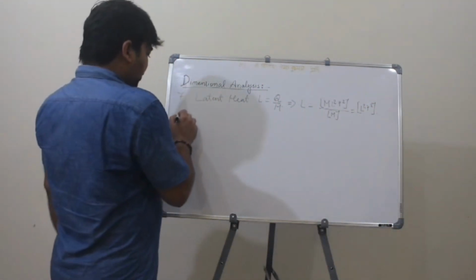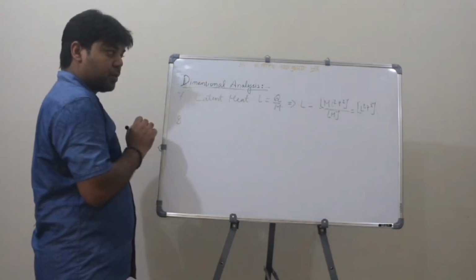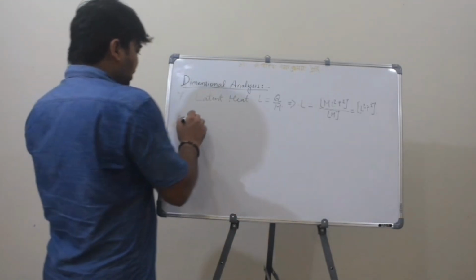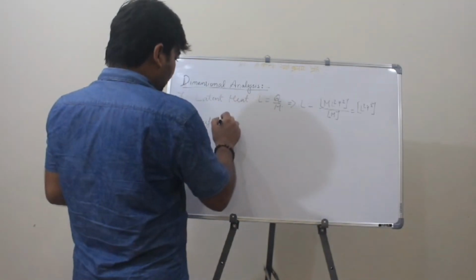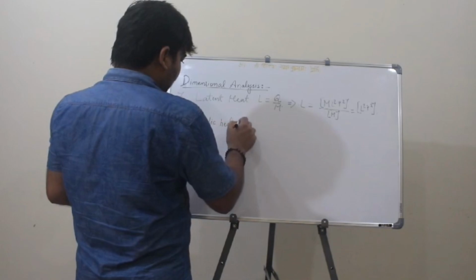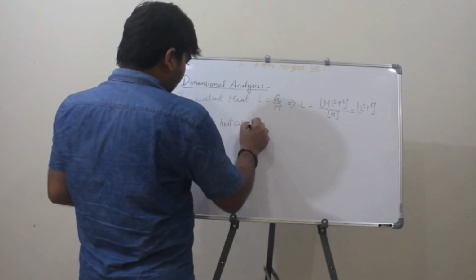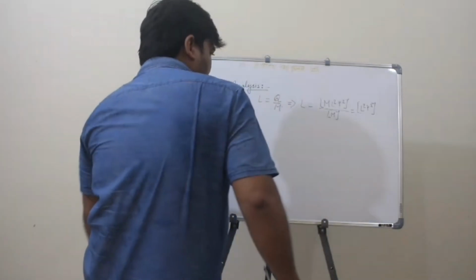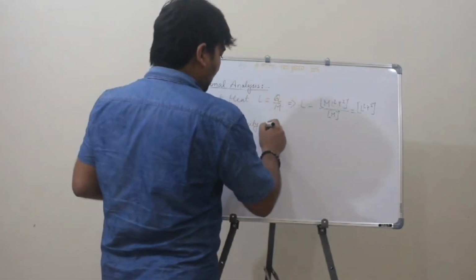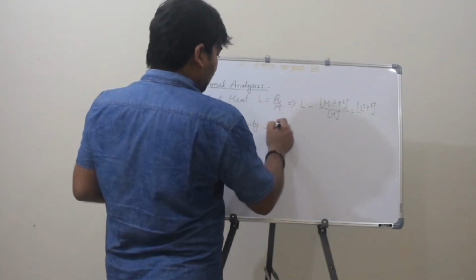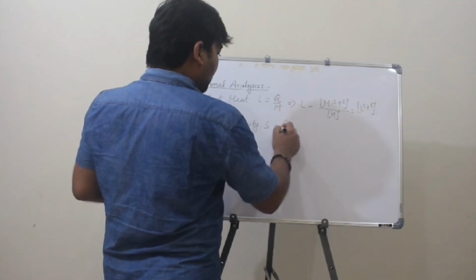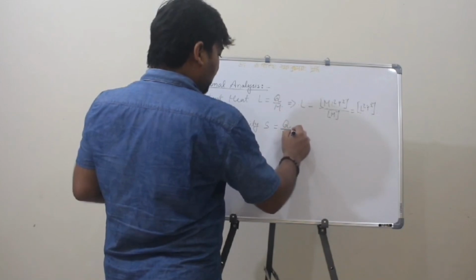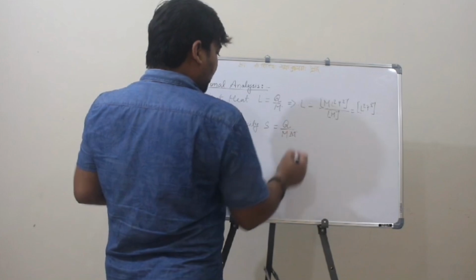Now let us go to specific heat capacity. So specific heat capacity is defined as S, the small s, equals Q divided by M into delta T, where T is the temperature.